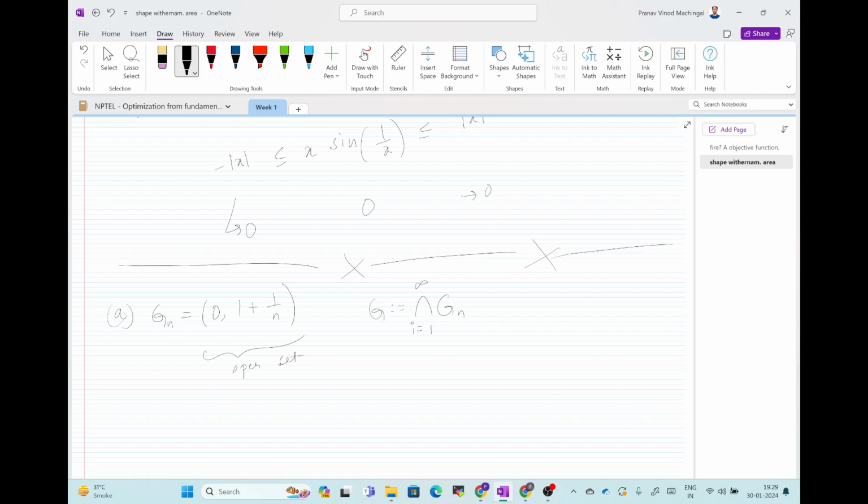No? Or yes. Intersection of finitely many open sets is open. Okay, finitely many. Okay.